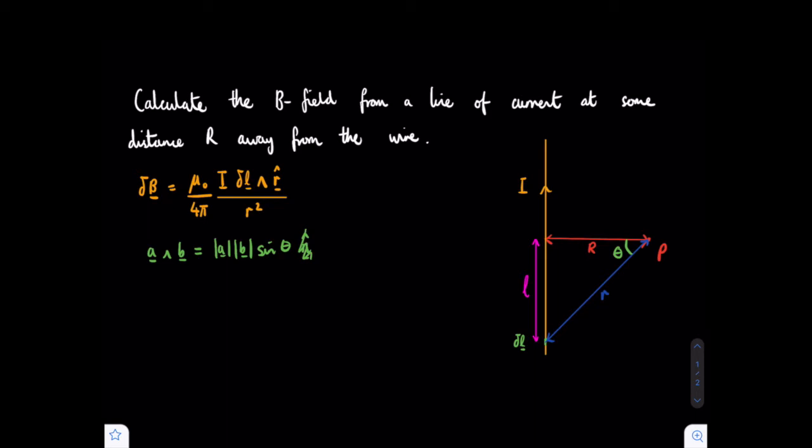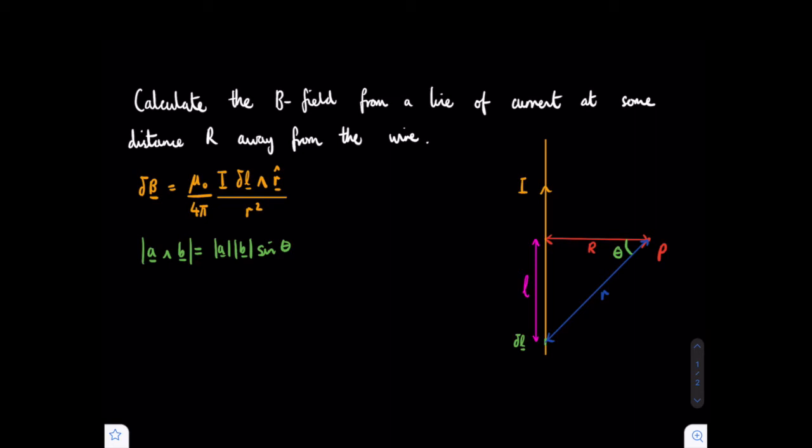Without this, it is only a magnitude. However, if we want to find the magnitude of this, then we can just get rid of the vector. And then if we have just some number, that would be much easier to integrate. That's nice. But we still need to know the direction of the magnetic field.